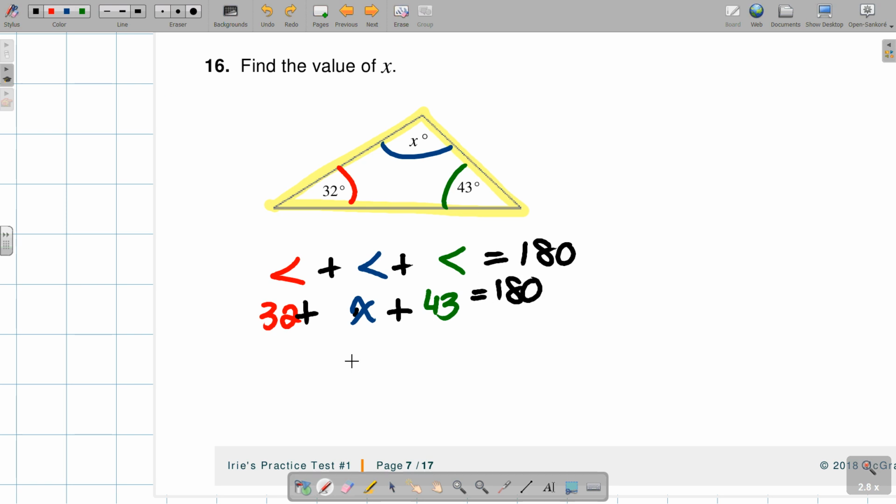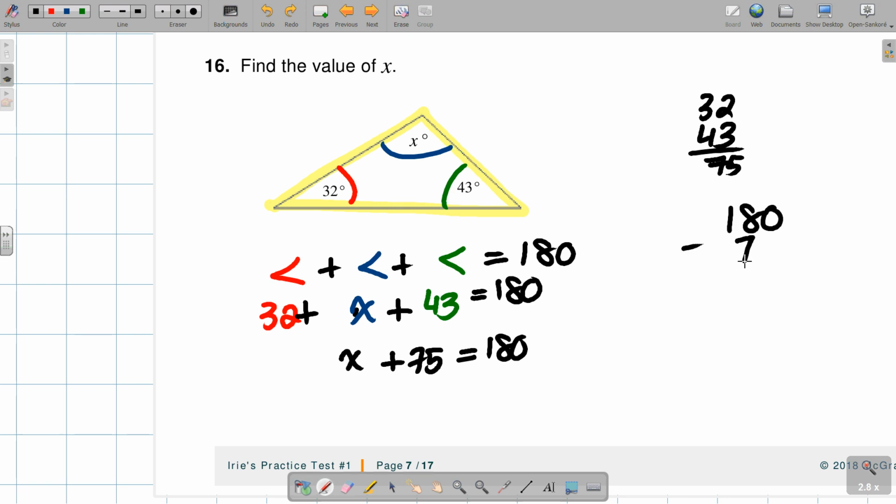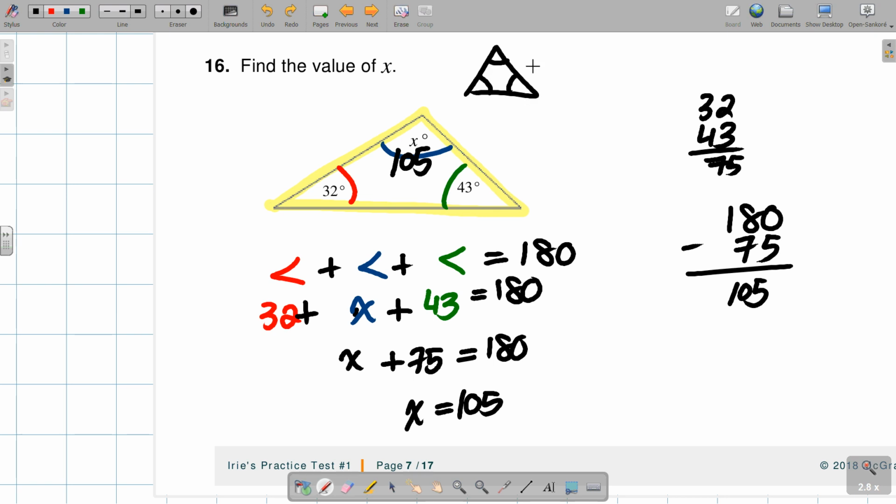And you simply solve. So all you need to remember is that the 3 angles of a triangle always add up to 180 degrees.